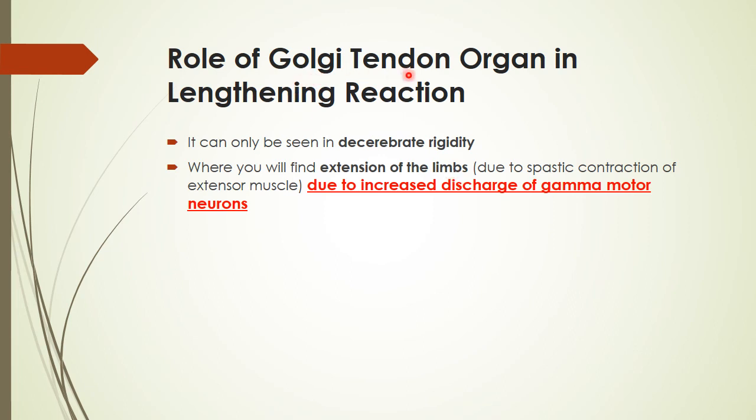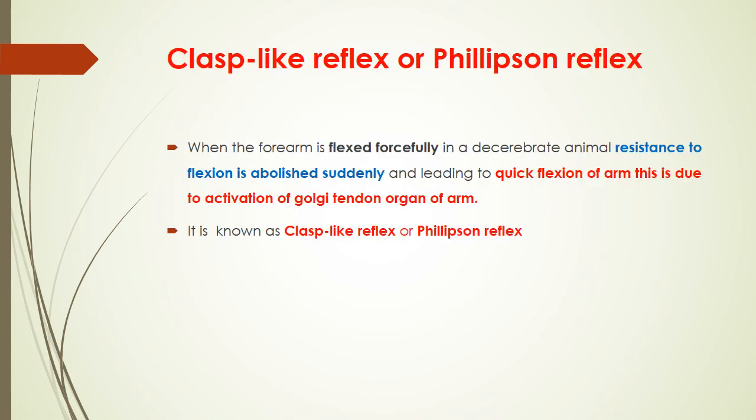When there is Golgi tendon stimulation, there is extension of the limb in decerebrate rigidity. And this is due to the spastic contraction of the extensor muscles. They remain contracted due to increased discharge of gamma motor neurons, and we can see an extension of the limbs only in a decerebrate animal. So what is this? It is due to the increased discharge of the motor neuron.